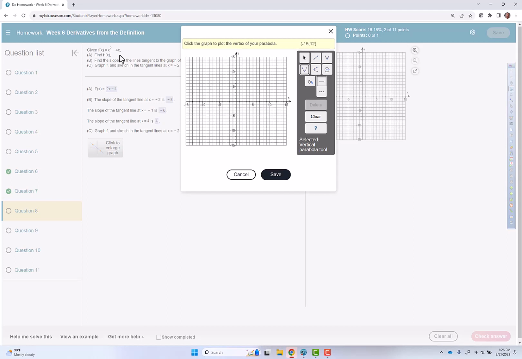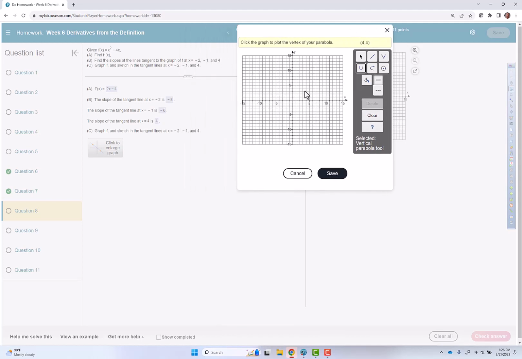So we didn't really talk about that. So this is going to be x times x minus 4. So we're going to go through the x-axis at 0 and at 4. That means that the vertex will be halfway between 0 and 4. So that's going to be 2.